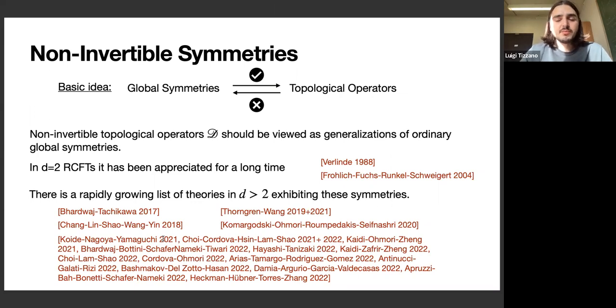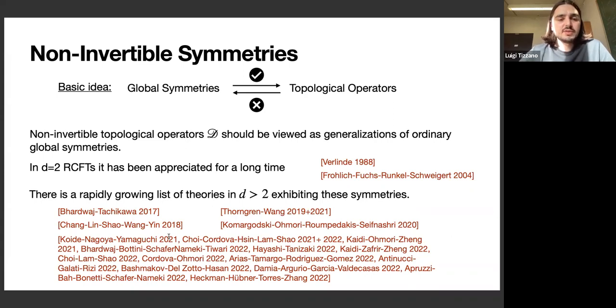However, it has become more and more clear that there are topological operators that are not necessarily associated to the notion of ordinary or generalized global symmetry. It has been emphasized by various people over the years that we should also enlarge our notion of symmetry to include the action of these non-invertible operators.